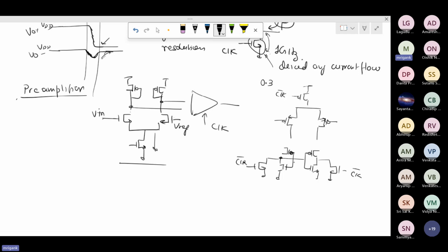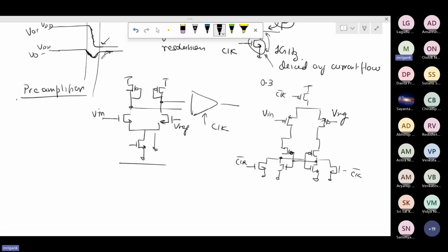Same thing. But in this case, the difference is that in the earlier case, the input devices were NMOS and the upper side was pre-charged to VDD. In this case, this will be discharged to ground, and then it will be conditionally coming up depending upon V in and Vref. This is the complementary version.